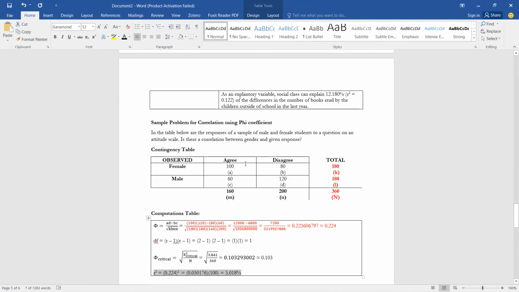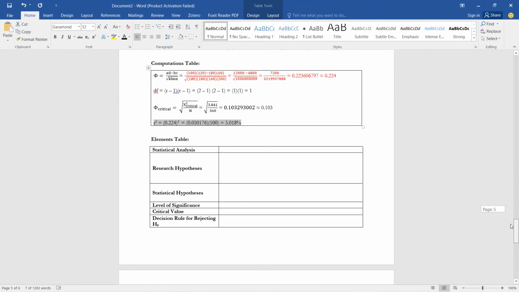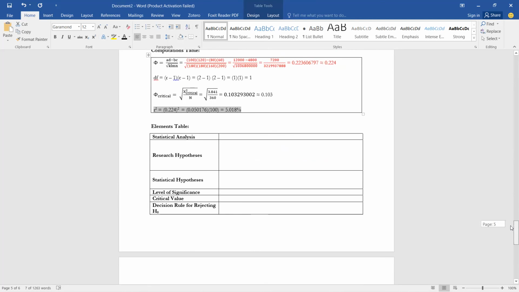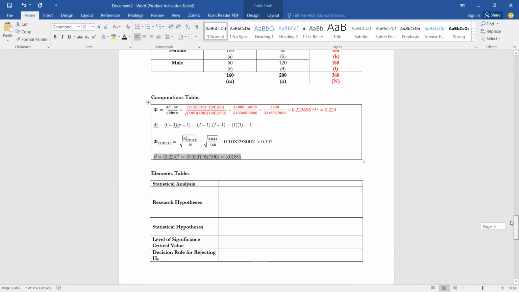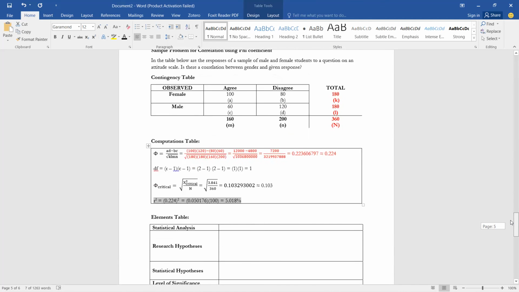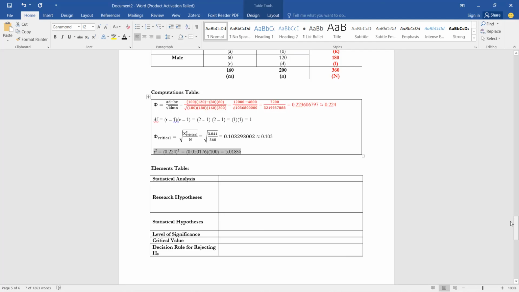Baka hindi sex or gender yung talagang could really help explain why the respondents answered that way. It could be age, education status, socioeconomic status, if they live in rural or urban, so mga ganun.